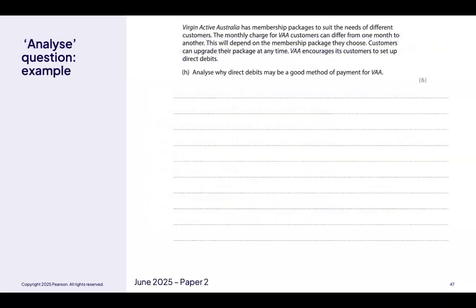So can I move on? Can I give us an example of that? So here is a typical analyze question. It's about Virgin Atlantic Australia has membership packages to suit the needs of different customers. The monthly charge for VAA customers can differ from one month to another. This will depend on the membership package they choose. Customers can upgrade their package at any time.